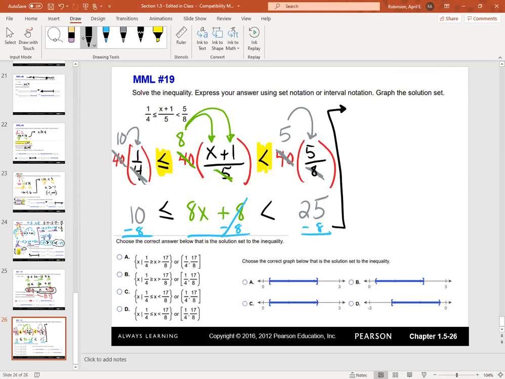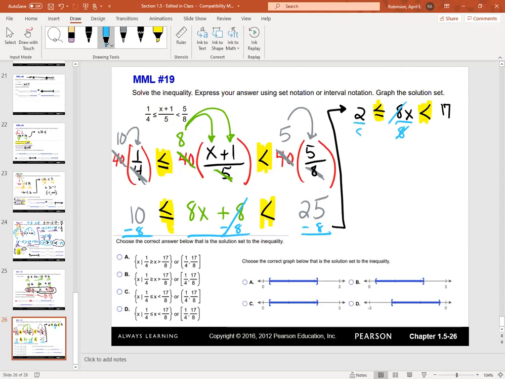Let's see, 10 minus 8 is 2. I still have my less than or equal to sign, and I have an 8x left in the middle, and my less than, and 25 minus 8 is 17. Keep in mind, here's my inequality signs. They're kind of separating my sections. And now I'm going to divide off the 8 so that that cancels, leaving me with just x in the middle.